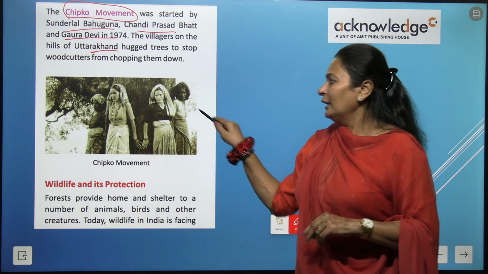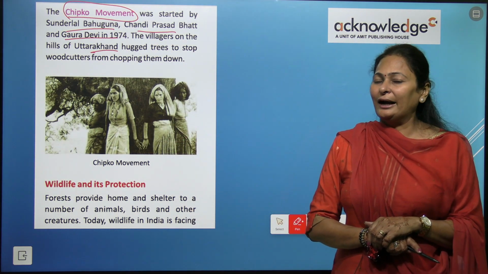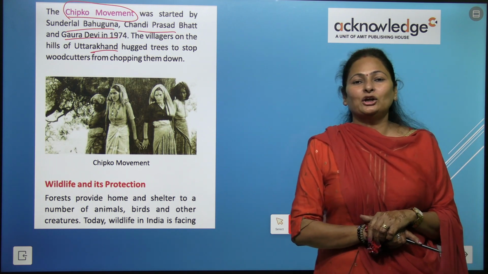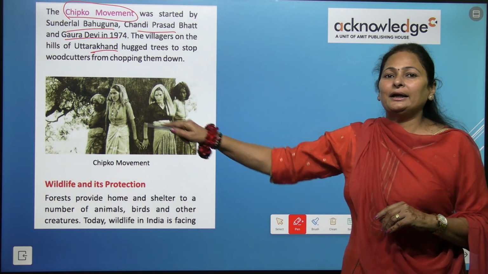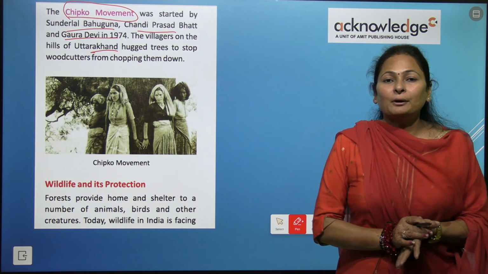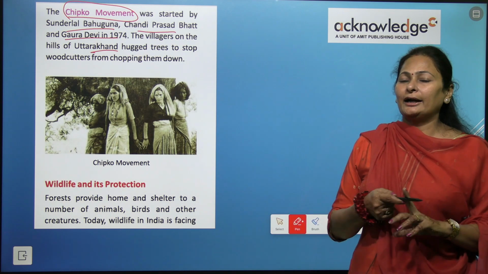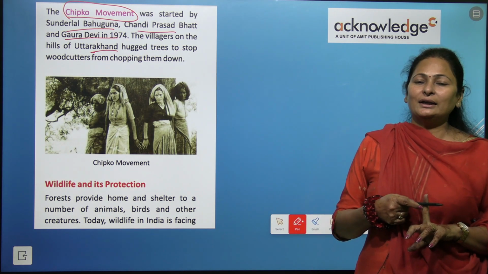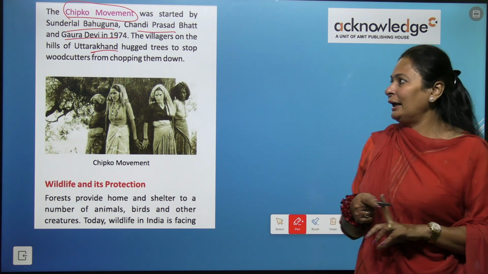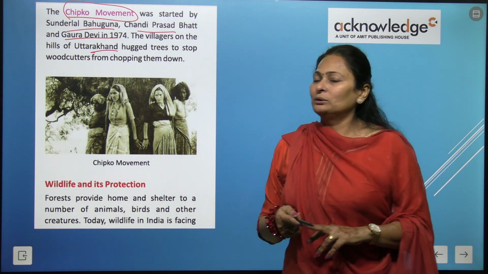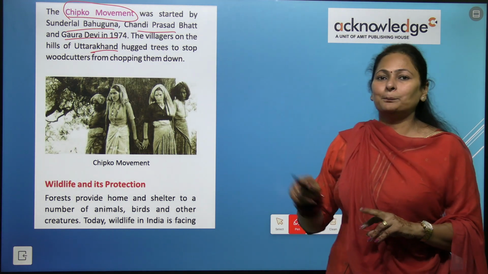You can see the villagers have hugged the tree so that woodcutters cannot chop this tree, right? So that is why it is called Chipko movement. You can understand with this picture.